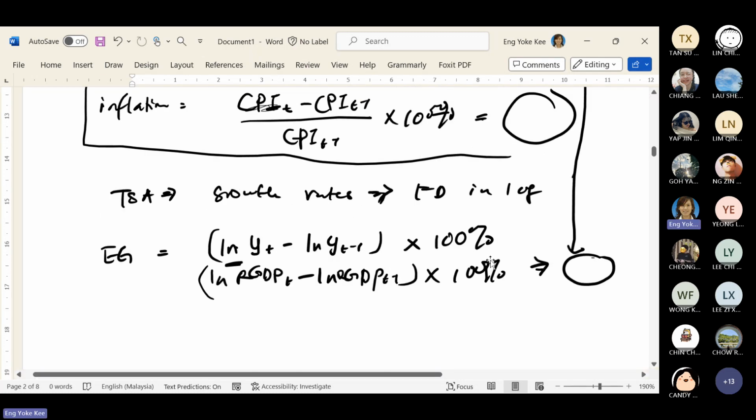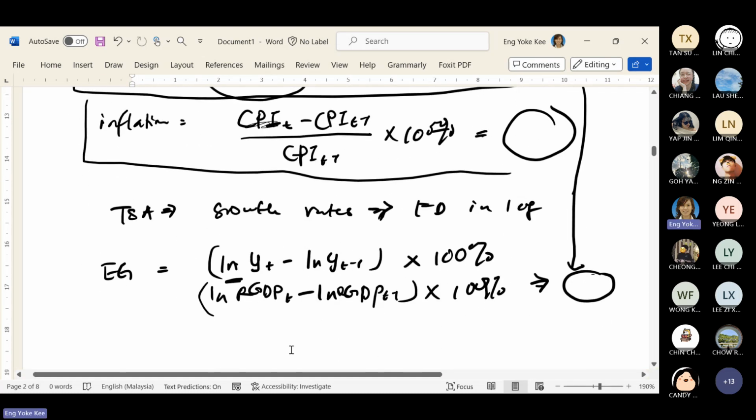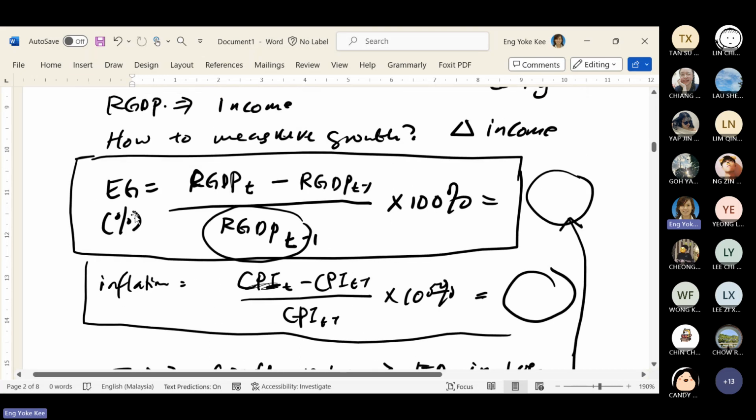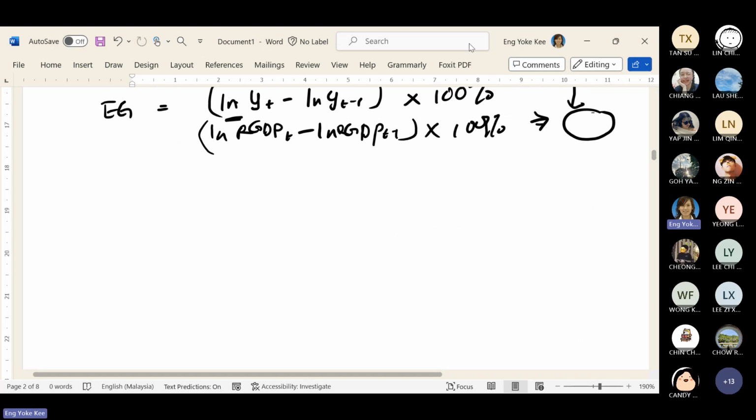And this is normally how you do your data transformation. Okay, so that is it. But we know that this is behind the scenes. When we analyze a data set, this is the operator that we use. For Bank Negara, you would be surprised they're still using this very old-fashioned method. Okay, so that is first differencing.